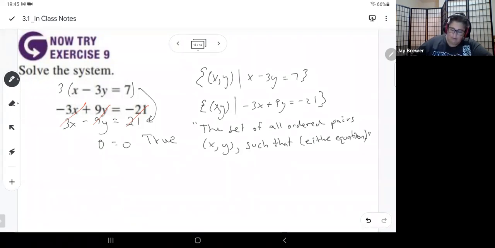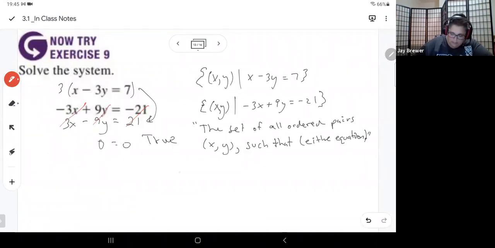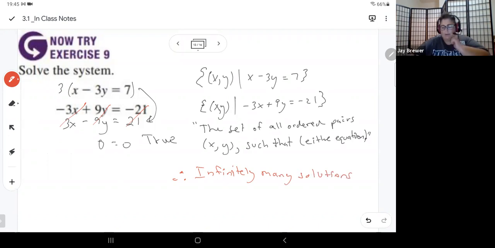So you can finish it out either way. Okay. Now, in all honesty, what this is saying is infinitely many solutions. So no matter what point you pick, you're going to have a true statement. Okay, that's what this wording means.